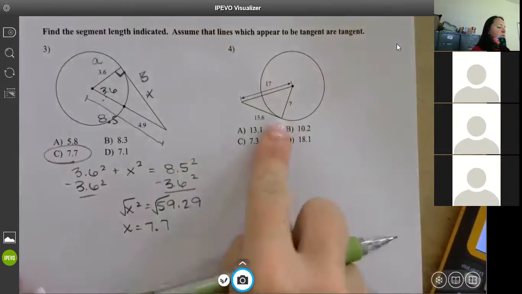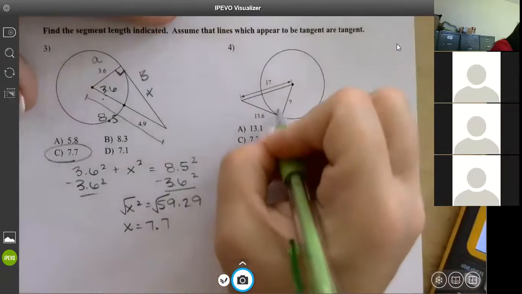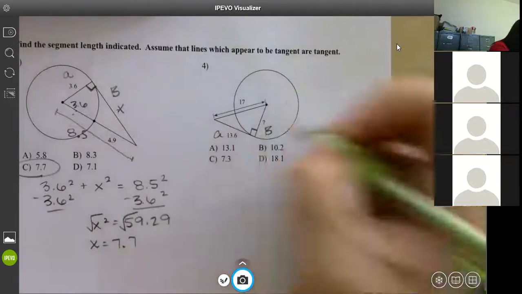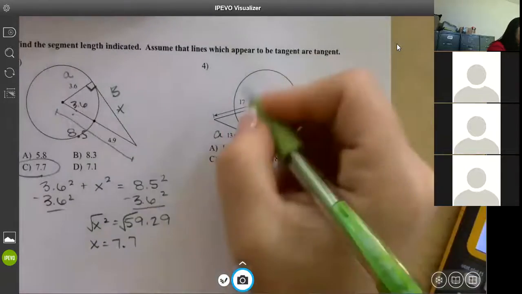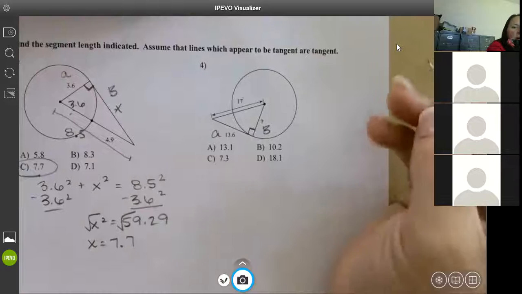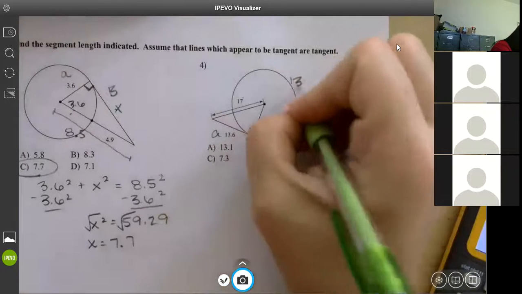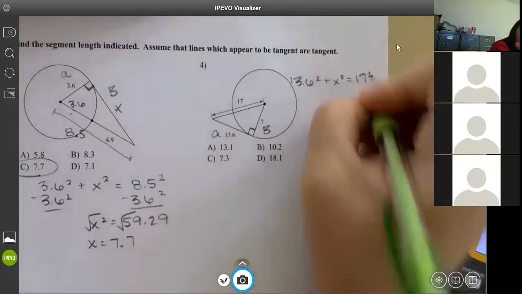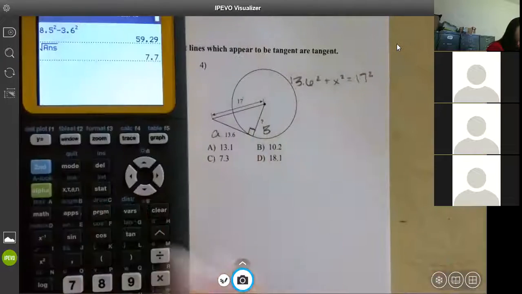All right, so on this one, it's real cut and dry. There's nothing crazy. These are going to be our a and our b. It doesn't have to be that way, it could be b and a. This length, 17, is our hypotenuse. So we're going to do 13.6 squared plus x squared gives us 17 squared.